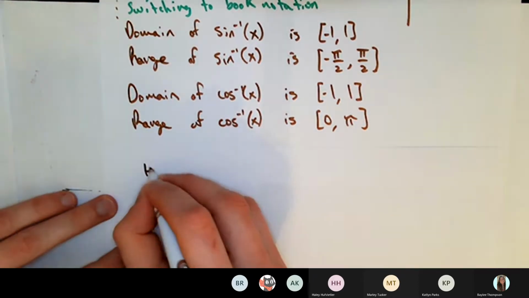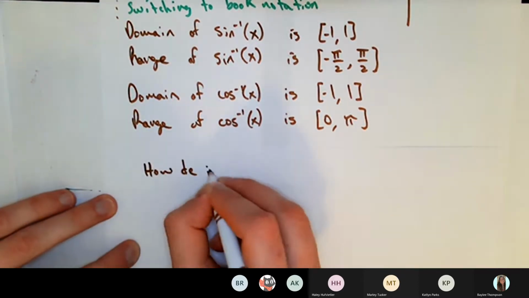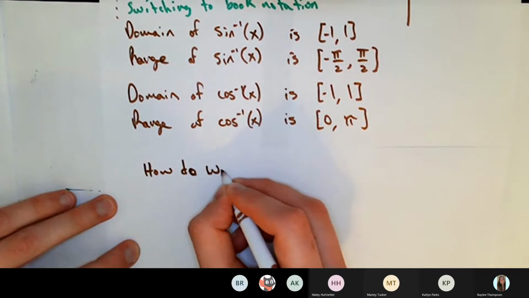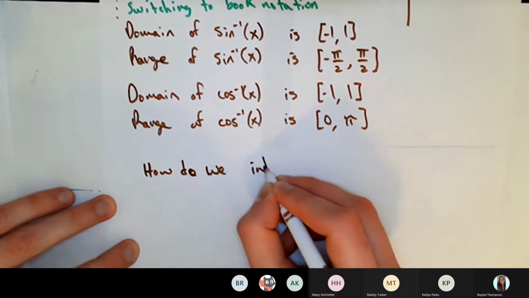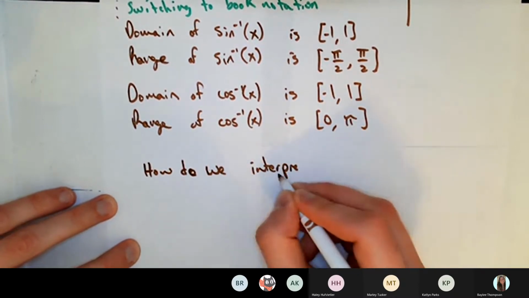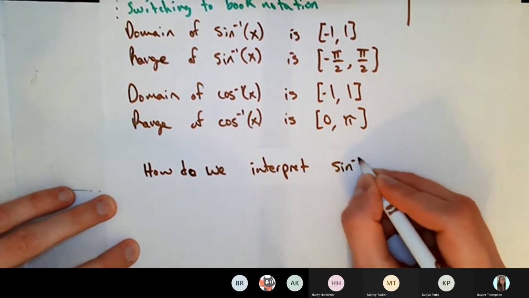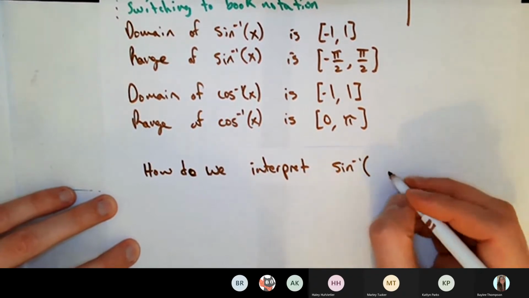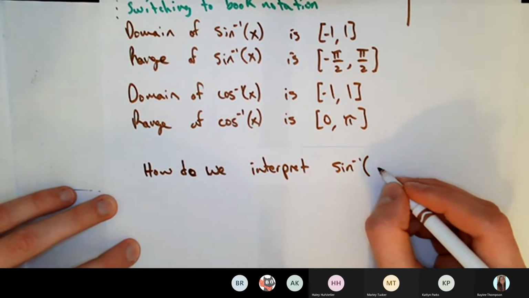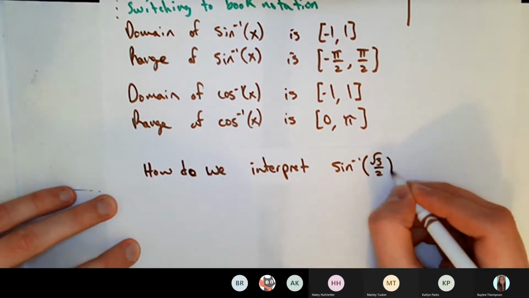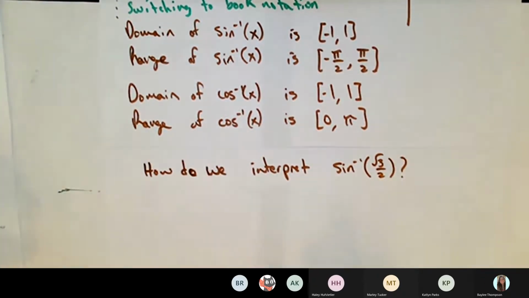So how do we interpret sine inverse of, say, square root of 3 over 2? Like, literally, how do we solve this? How do we interpret what it's asking?